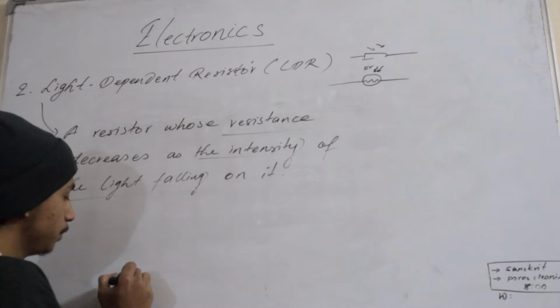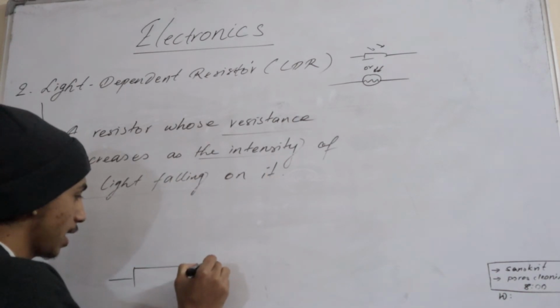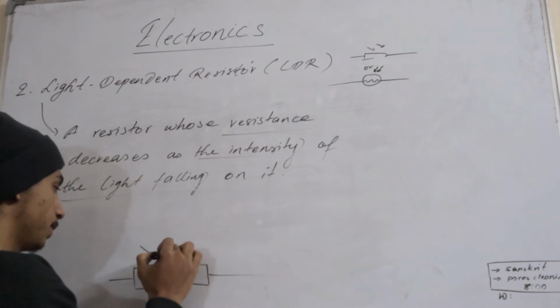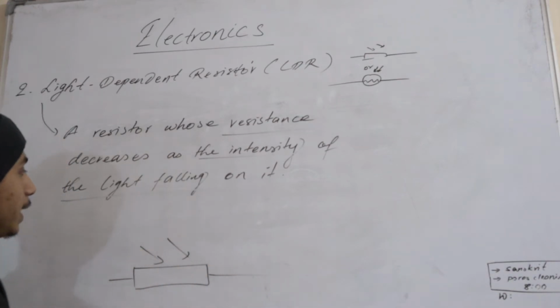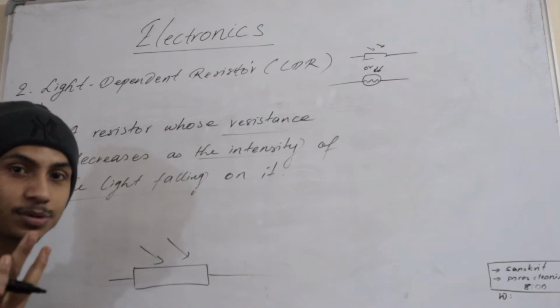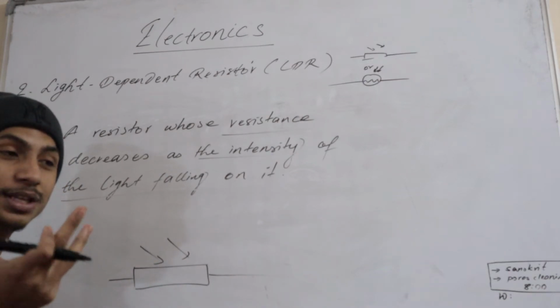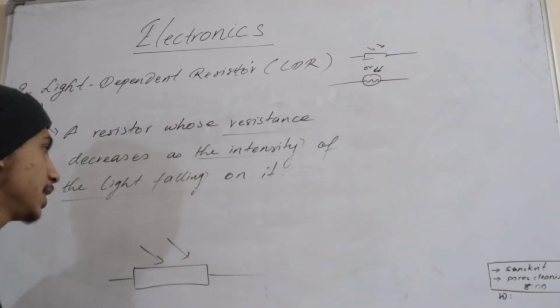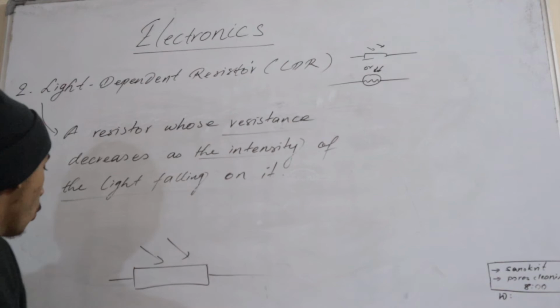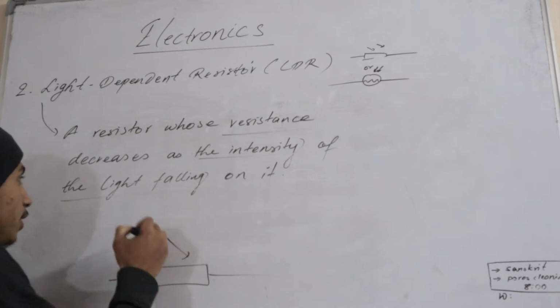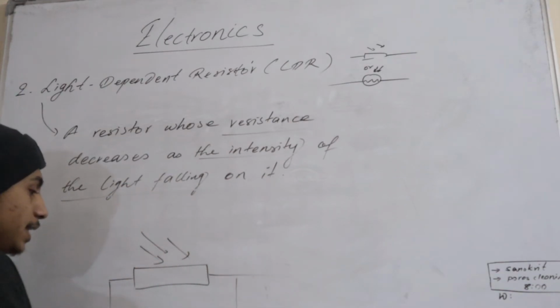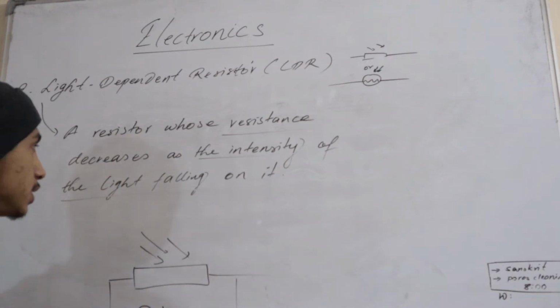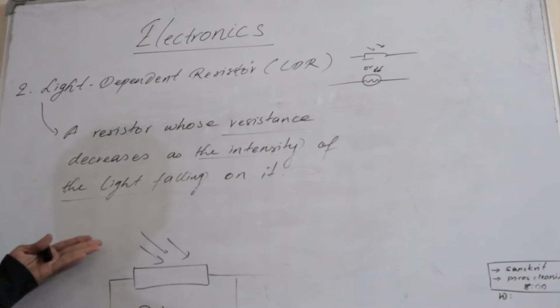So let's draw one LDR. When light, which can be sunlight or another source of light, falls on it, the resistance of it decreases, so R decreases. This is the concept of the light dependent resistor.